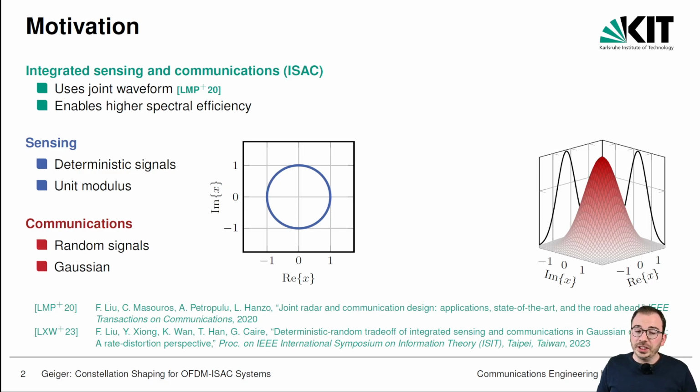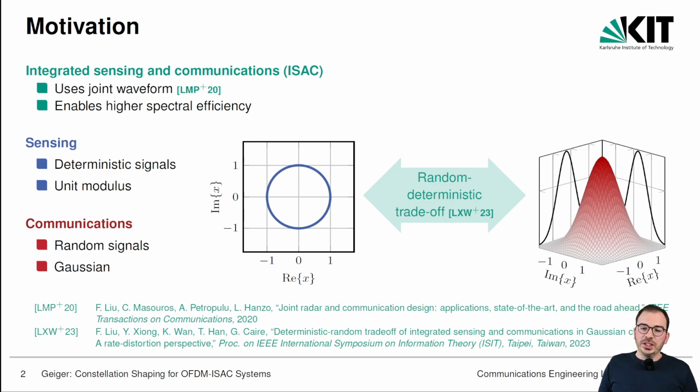For communications, on the other hand, we need random signals to convey information, with the Gaussian distribution maximizing the mutual information. So as the optimal channel input distribution is fundamentally different, ISAC systems are subject to the so-called random-deterministic trade-off.